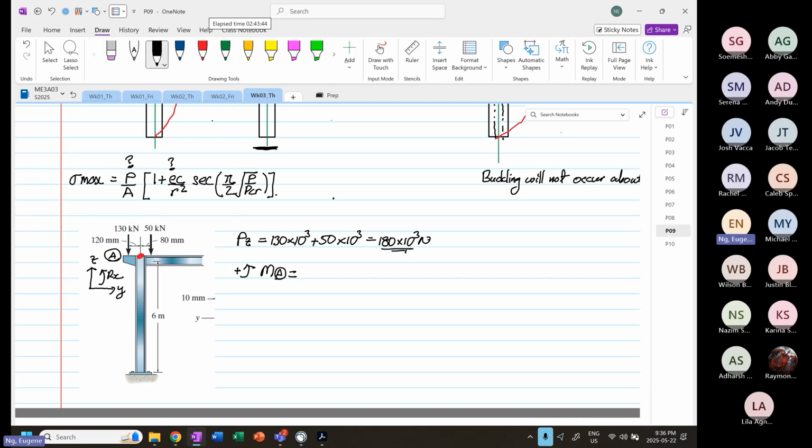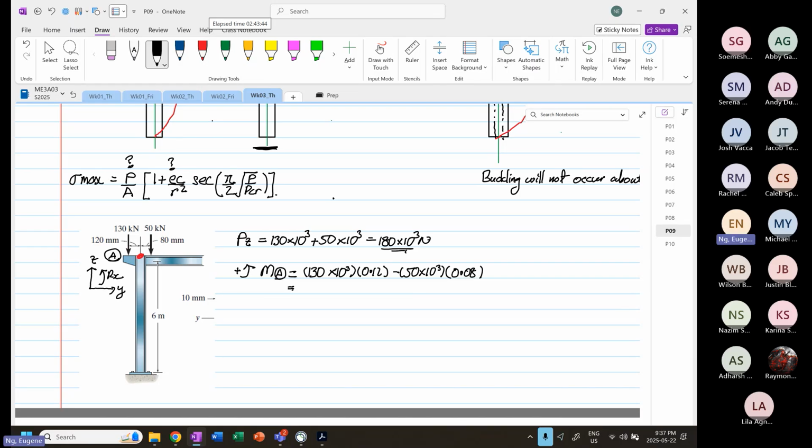So this will be equal to 130 times 10 to the power 3 multiplied by 0.12 minus 50 times 10 to the power 3 multiplied by 0.08.